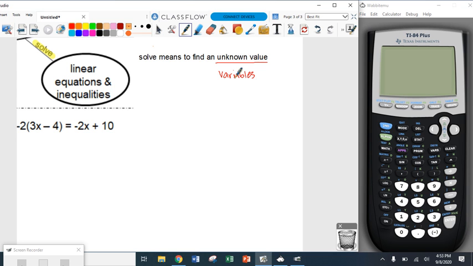Another important thing to note is what our final answer should look like. Our final answer when talking about solving equations should always be in the form x equals, or whatever variable you have. I don't know what this equals yet, so I can't put anything here, but I want to point out the importance of the coefficient, or the letter in front of x.